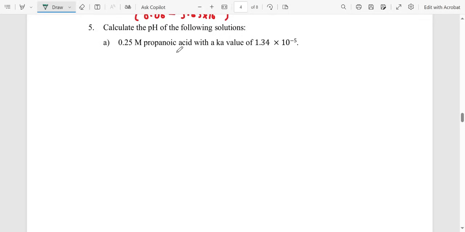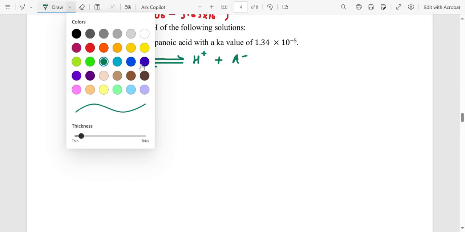If you've done organic chemistry, I can tell you the structure, but I've not yet taught you organic chemistry. So just take it that propanoic acid is a monoprotic acid. It has only one proton. So just write it as HA. So it is going to dissociate to form H plus and A minus. There's no need of writing the exact formula.